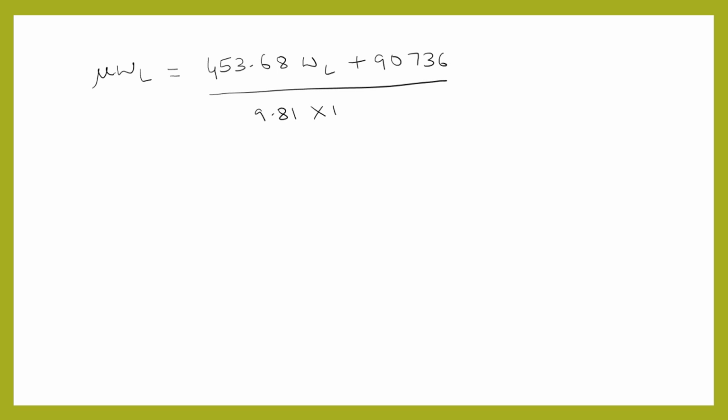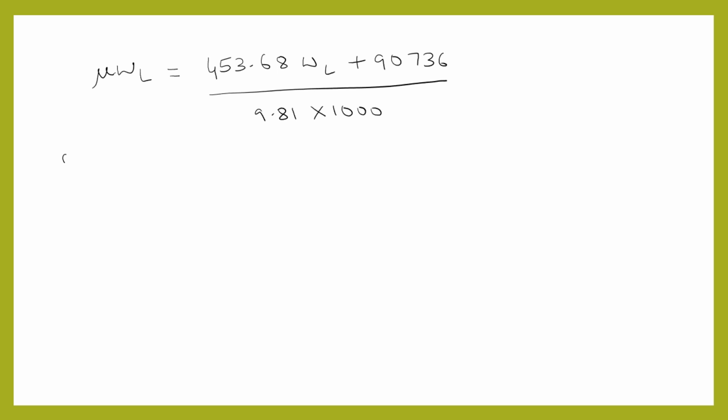The maximum tractive effort possible with weight of the locomotive WL is mu WL. So we have mu WL equal to Ft in tons. That is mu WL is equal to 453.68 WL plus 90,736 by 9.81 into 1000.